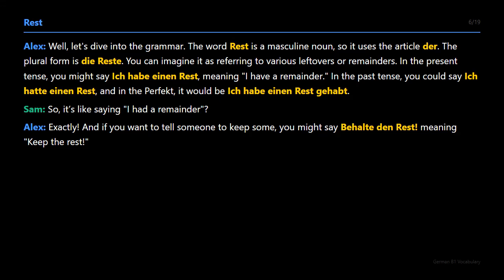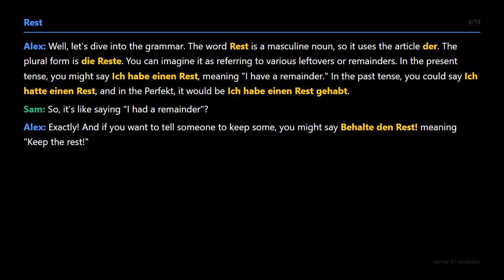The word Rest is a masculine noun, so it uses the article der. The plural form is die Reste. You can imagine it as referring to various leftovers or remainders. In the present tense, you might say, Ich habe einen Rest, meaning I have a remainder.